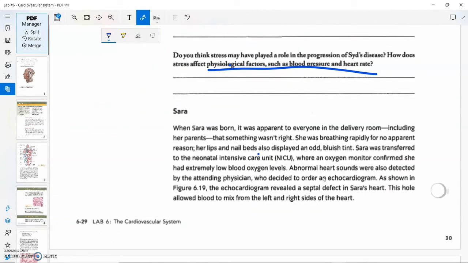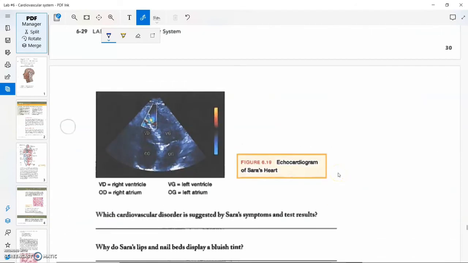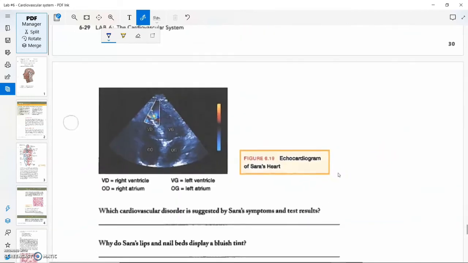Sarah had an odd bluish tint, so extremely low blood oxygen levels. She had a septal defect in her heart, so the left and right sides of the heart were basically mixing together.